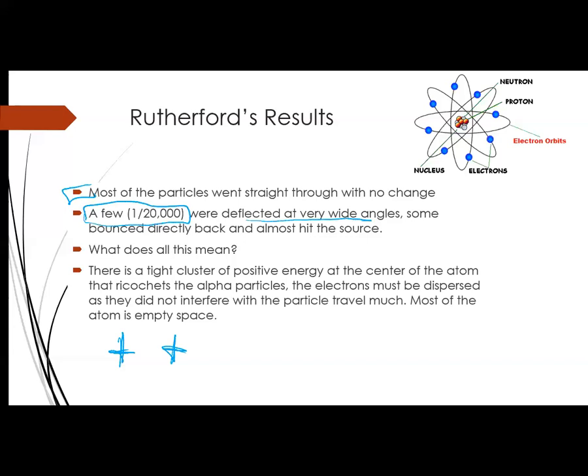And so this is the idea that the electrons must be pretty well dispersed throughout the atom. They didn't interfere with the positively charged protons or positively charged alpha particles we were sending. But at the very center, there must have been a really tight cluster of positive energy that was then repelling those alpha particles.